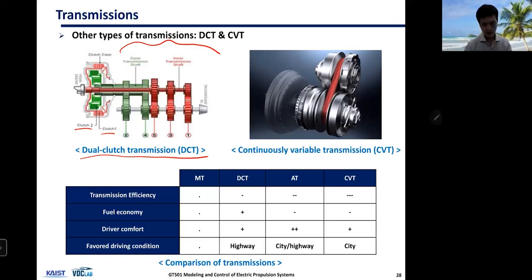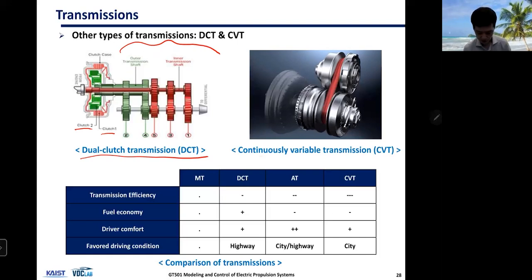That sequence takes a while. But if you have two clutches, you can disengage one clutch and one gear, and then engage the other clutch and the next gear simultaneously. That allows much faster and smoother shifts than automated manual transmission.